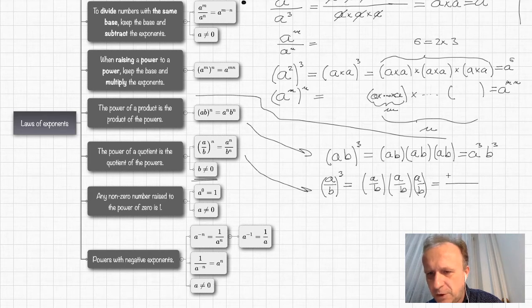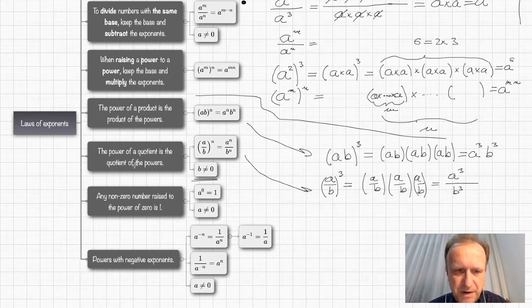So on the top you have a times a times a, which is a to the power of 3, and in the denominator you get b times b times b, which is b to the power of 3. And you see it really works for this particular example of n equals 3. It would work the same for any integer value of n you can imagine. Okay, so the power of a quotient is the quotient of the powers.